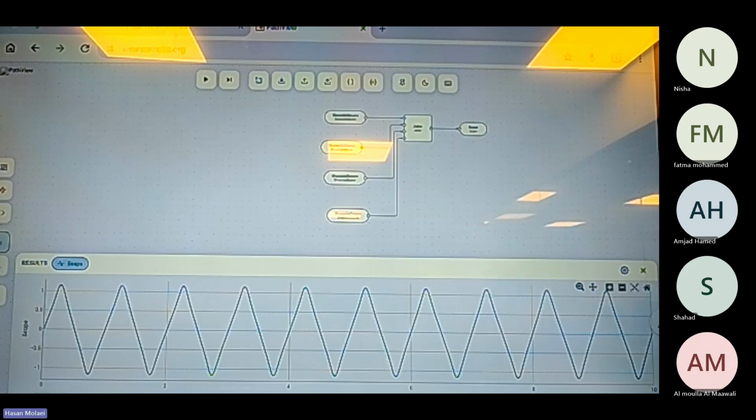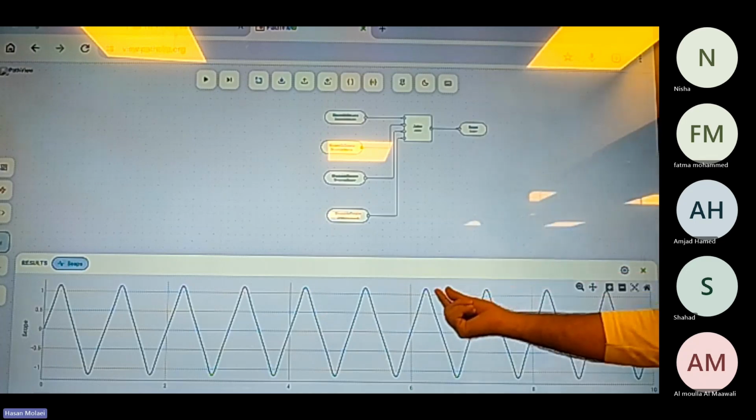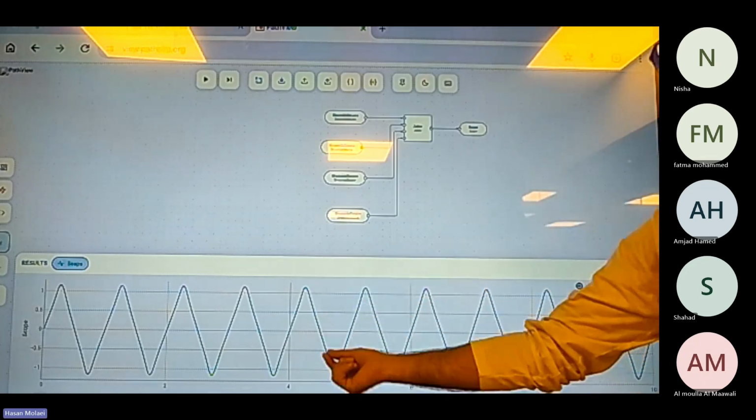If I add more sinusoidal signals, I can make them sharper and sharper.